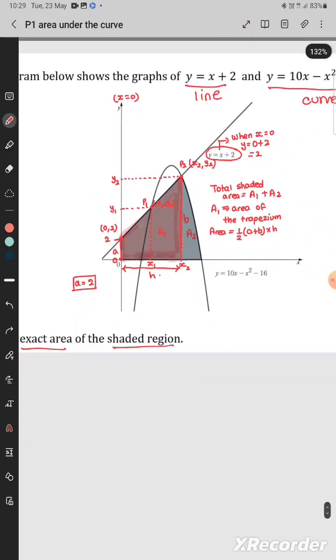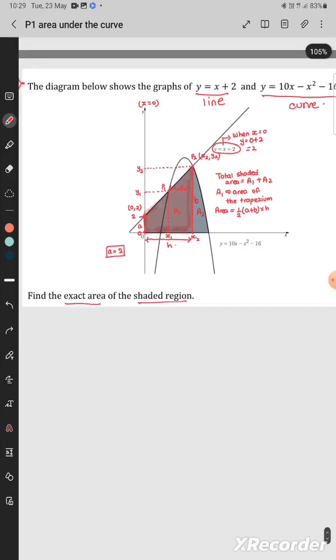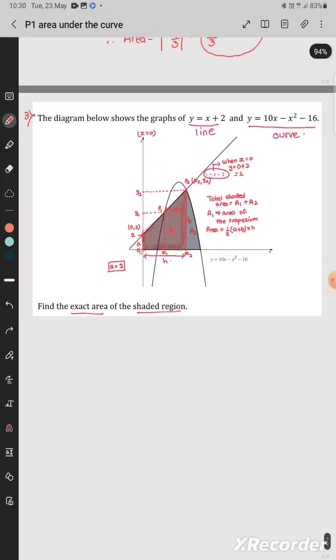P2 is a point of intersection of the curve and the line. Whenever we want to find points of intersection, we equate the two equations. So here the line and the curve are intersecting, so we equate the equations. It will be x plus 2 equal to 10x minus x squared minus 16.